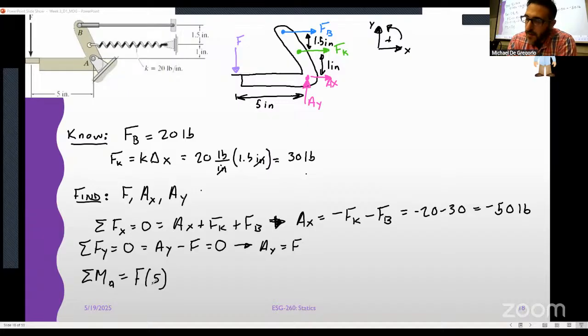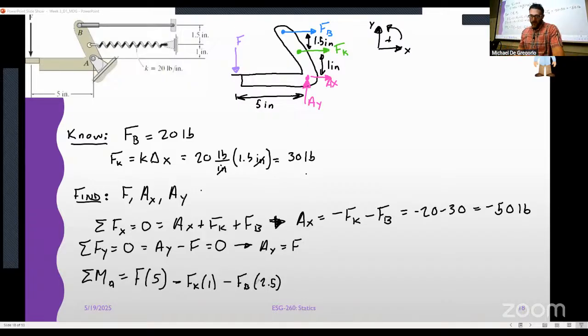Is that positive or negative? It's positive. What about Fk? Positive or negative? What about Fb? Fb is also negative. That's going to be 2.5 inches.